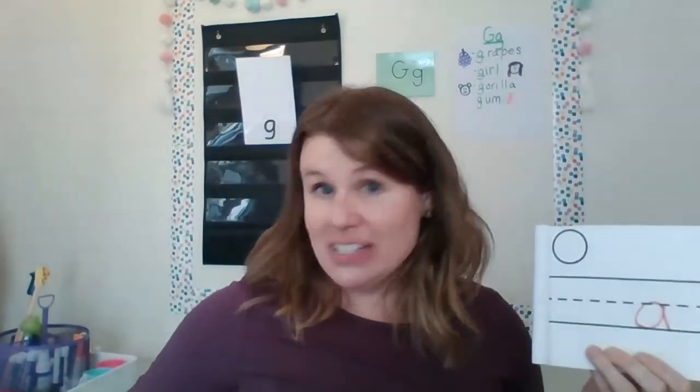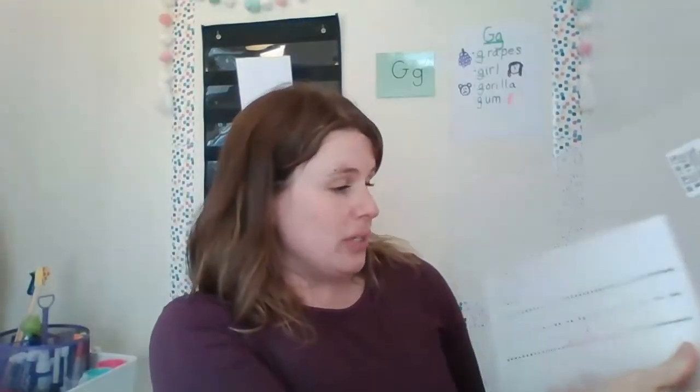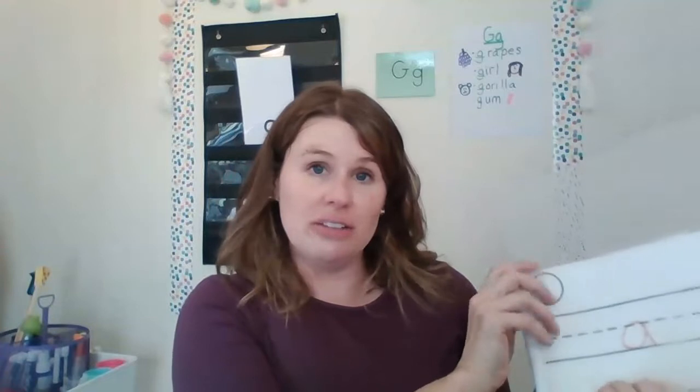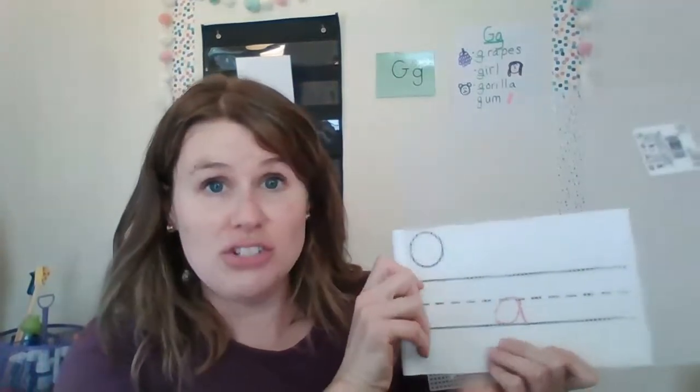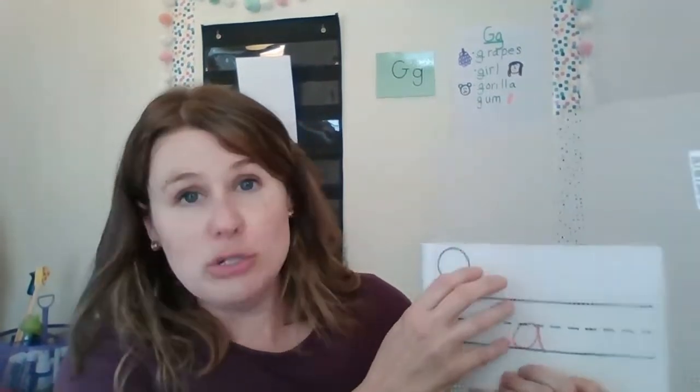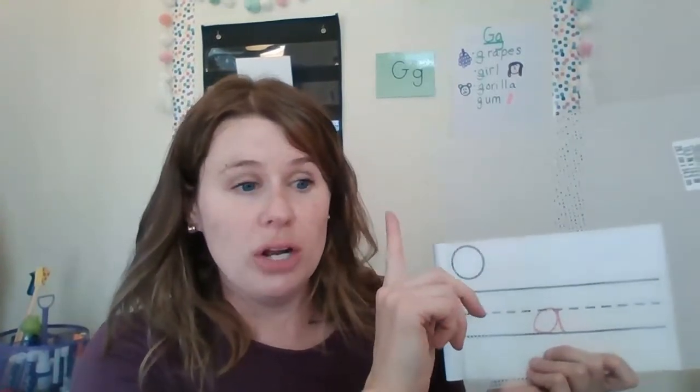If you have your canvas at home, take out your canvas to trace over your canvas to feel the little bumpies or the tickles of the canvas as you're tracing right on top of that word A with your finger. Remember, if you don't have your canvas at home with you, that's okay. You could trace on your carpet.